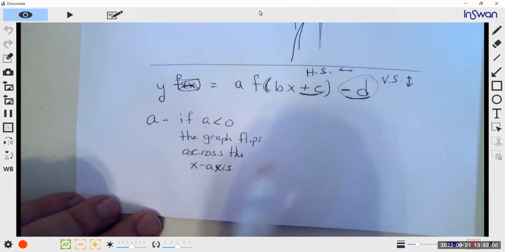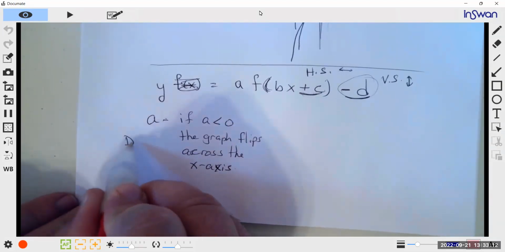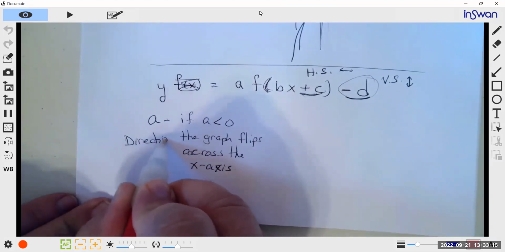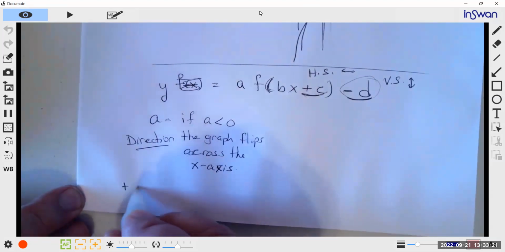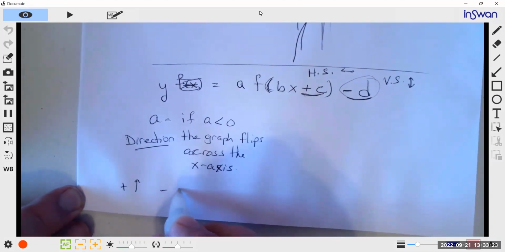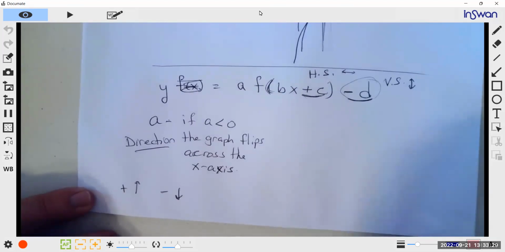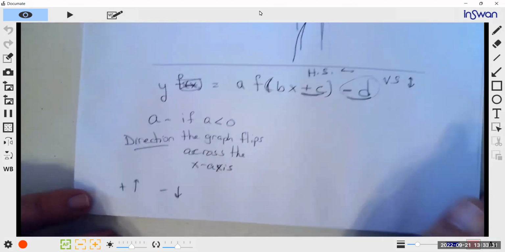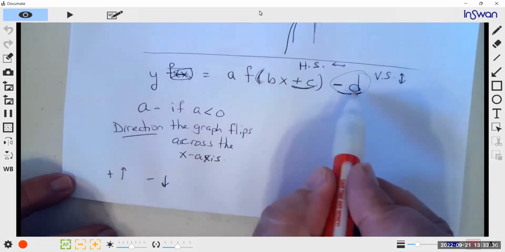If it's positive, it stays the same. So first thing it does, it tells us the direction. So A tells us the direction. If it's positive, it opens up. If it's negative, it opens down. And I'll show you what opens up and down means. We know C is a horizontal, D is a vertical.